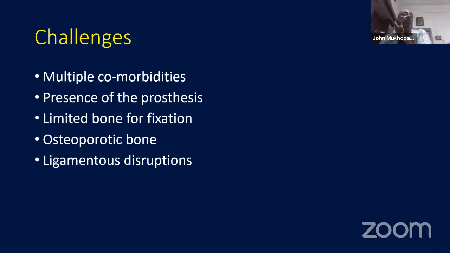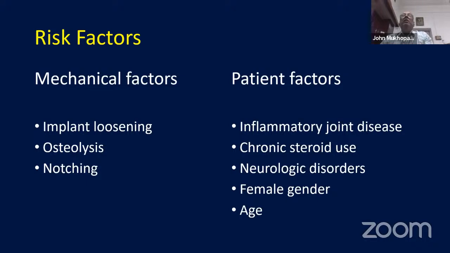The bones are osteoporotic again, so the hold of the screws or purchase of the implant is not as good. You may also have ligamentous disruptions, which make it even more difficult.